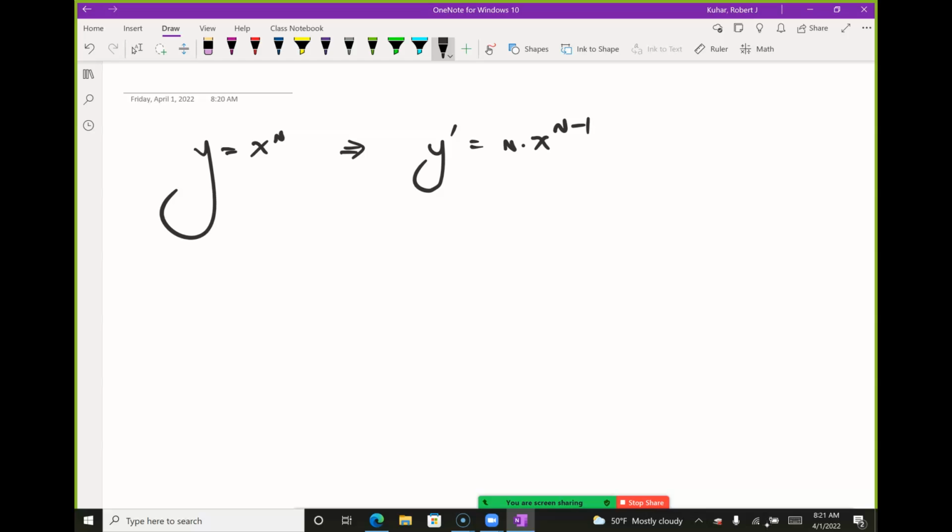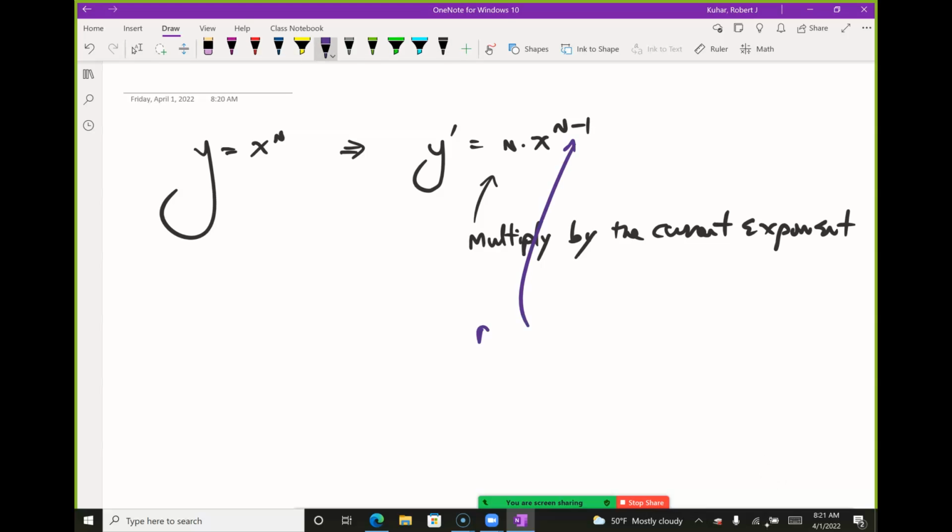Well, you can, but it could be painful. So you have to think about what am I doing when I take a derivative? I'm multiplying by the current exponent, and then I am reducing the exponent.